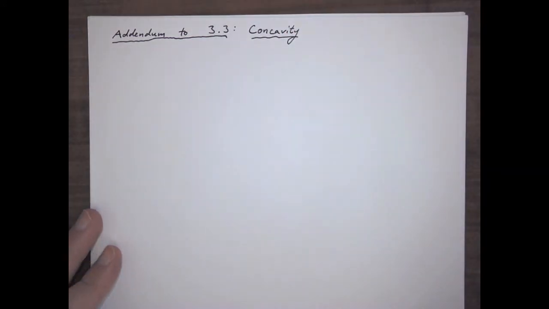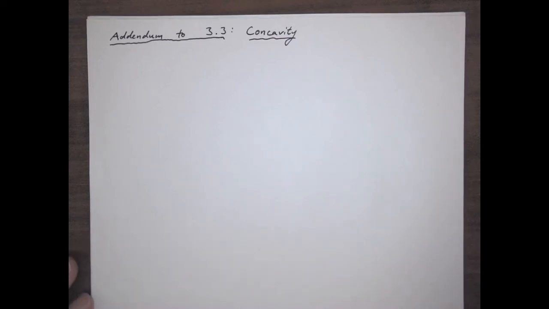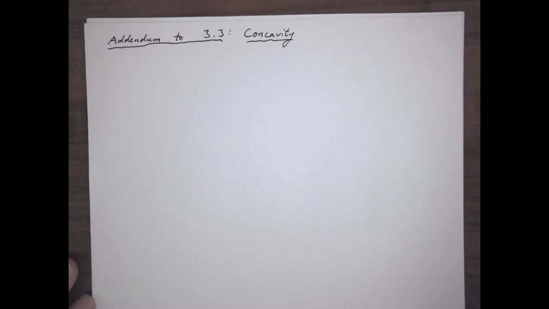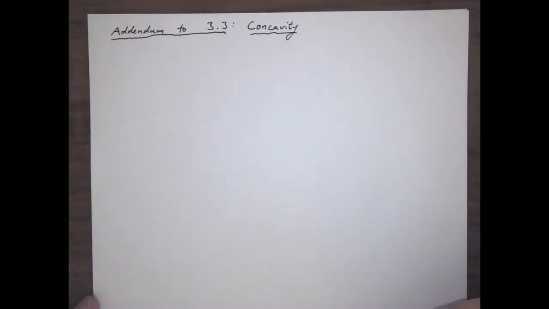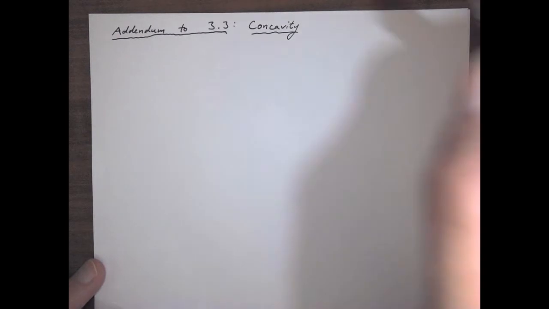All right. So in section 3.3, we talked about functions having intervals of increase, intervals of decrease. We also discussed such things as rates of change and so on. Now, what happens if the rate of change is itself changing?